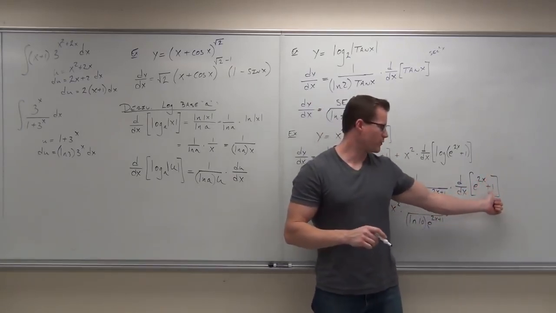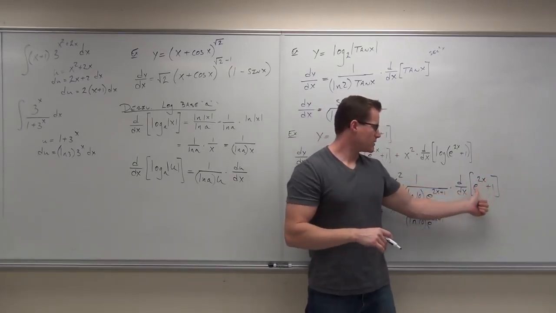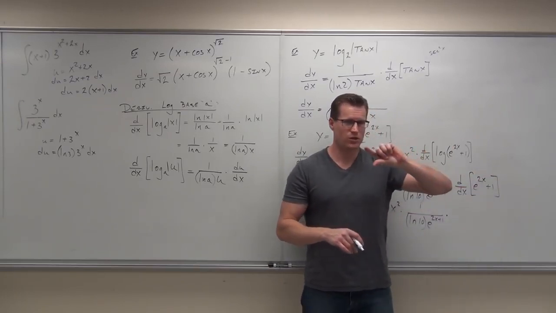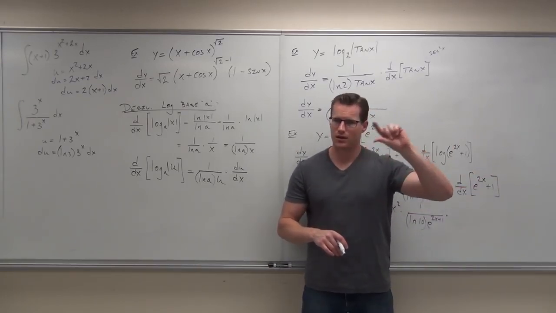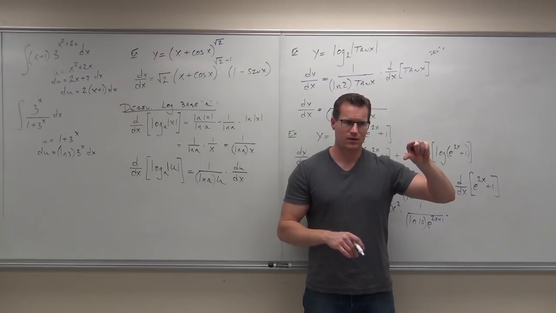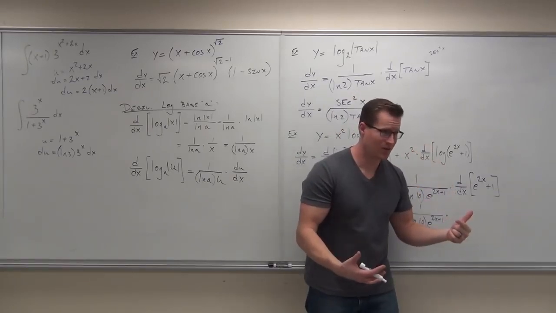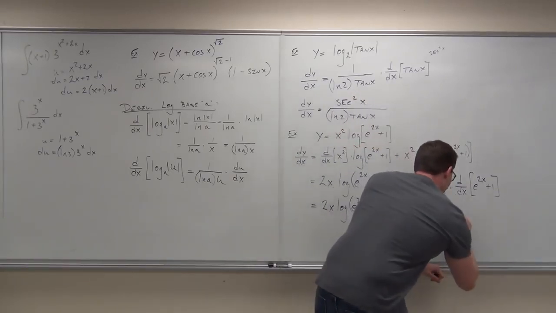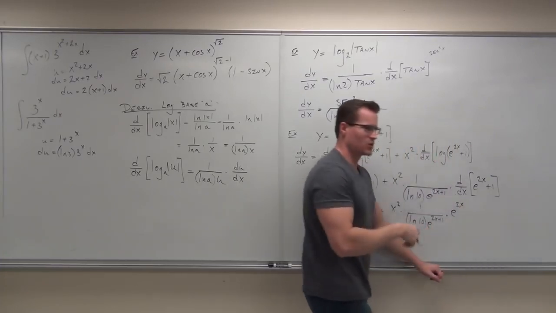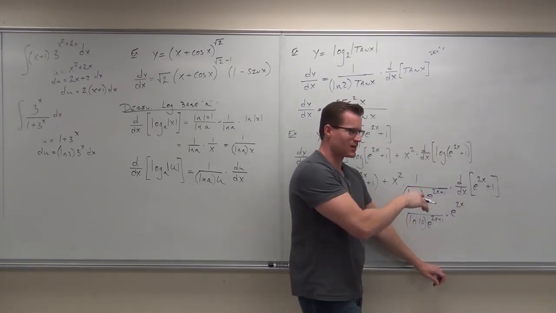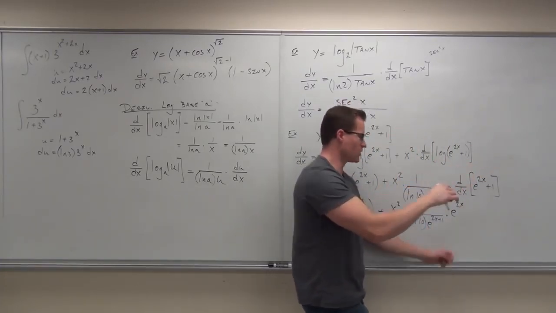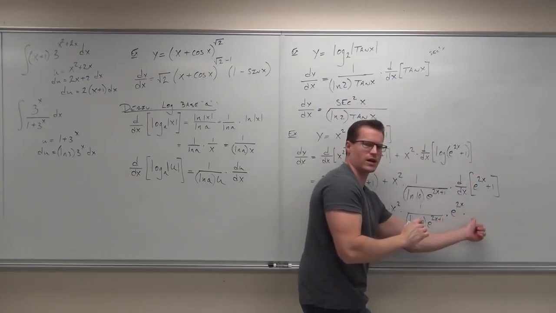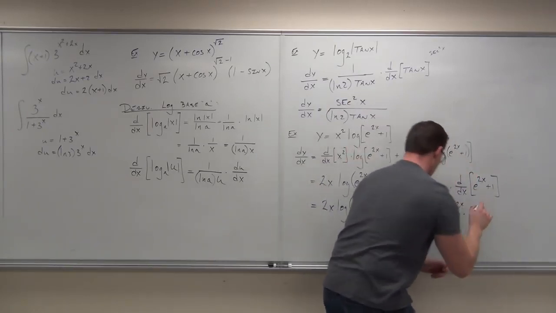Let's start with the 1. What's the derivative of the 1? It's gone. E to the 2x, remember what you do there? Bring it down, and then leave the inside alone. It's another chain rule. E to the 2x. Do we leave it e to the 2x? Derivative of 2x. Okay, so this is the derivative of 2x, which is? 2. That's where a 2 is going to come from.